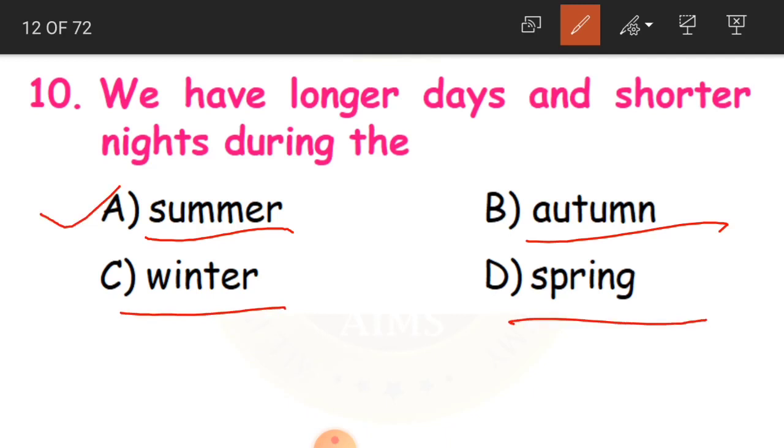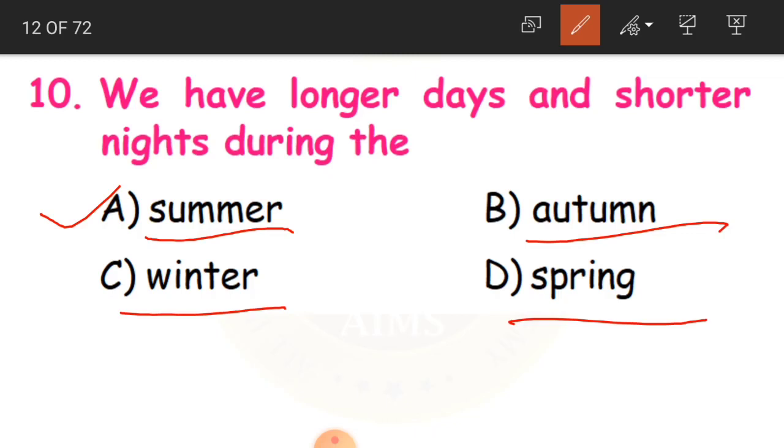See, in summers, even in the late evening like 6 and 6:30, you don't feel that much dark as you feel it in winter. The sky will still be bright because it is summer. So you feel that the days are longer and the nights are shorter, and at early morning 5 o'clock you can have a bright light.